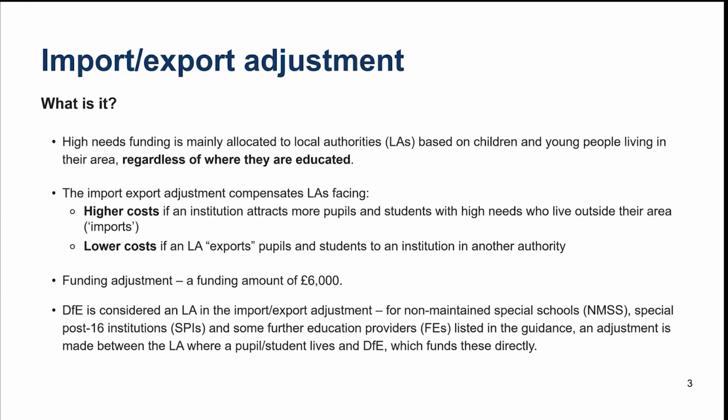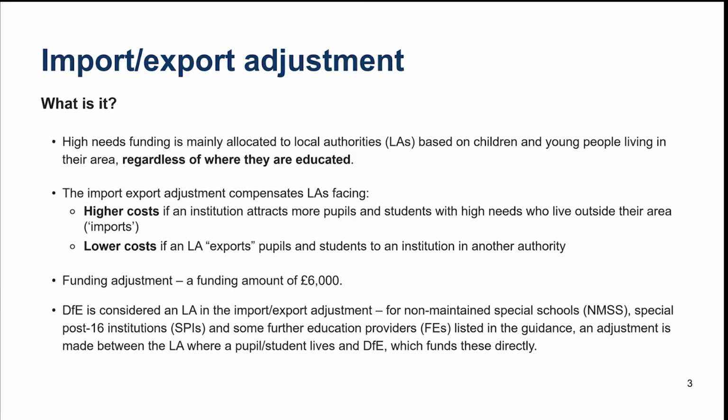However, we do know that local authorities can face higher costs, for example, place funding, if more pupils and students living outside of their local authority area are attending schools and colleges in their area, for which they're the provider local authority. Whereas those local authorities with a large number of pupils and students living in their area or attending schools and colleges in other local authorities are going to face lower costs.